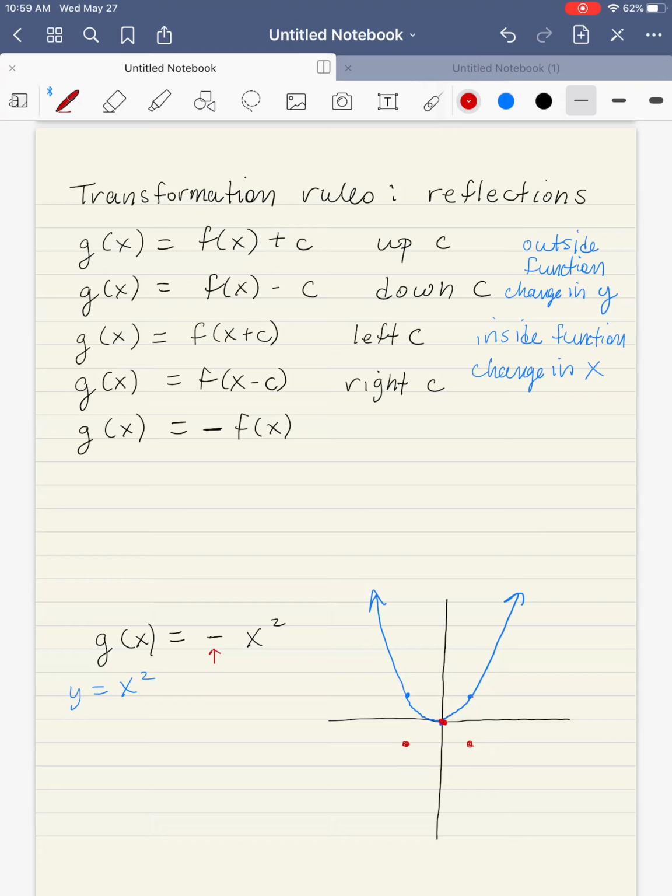So every single one of these ordered pairs on this graph becomes an ordered pair down here. And we see that our graph of g of x equals negative x squared looks like this.